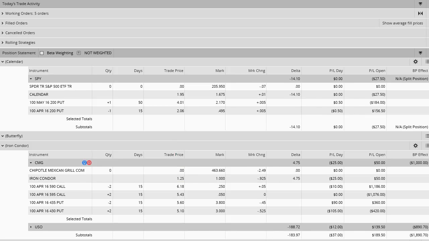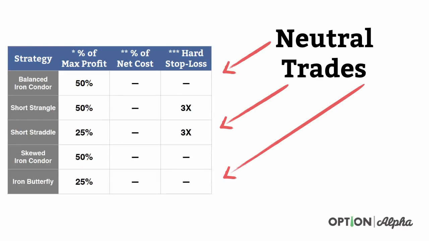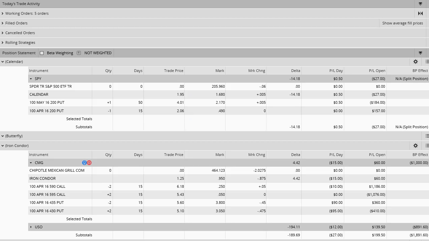If we go back to our slides here and we go to the neutral section, you can see that if we're doing a balanced iron condor, or just an even iron condor, we want to take money off the table or take profits whenever we reach 50% of max profit. Since we're selling options, the value of the option has to go down for us to make money.